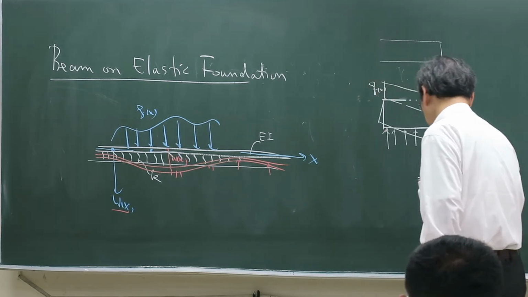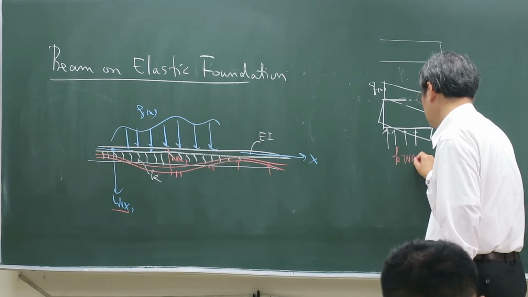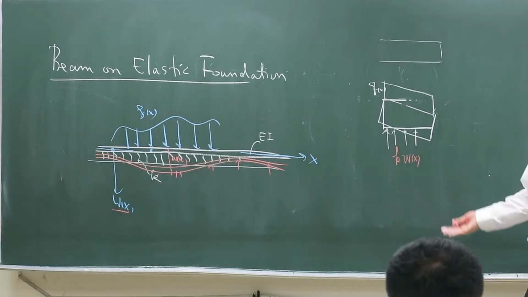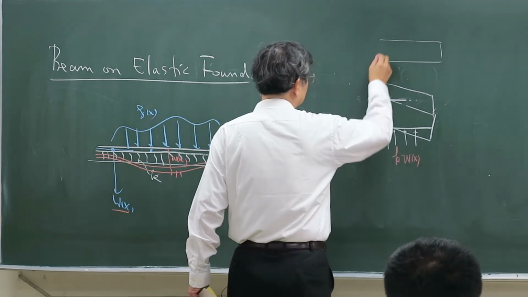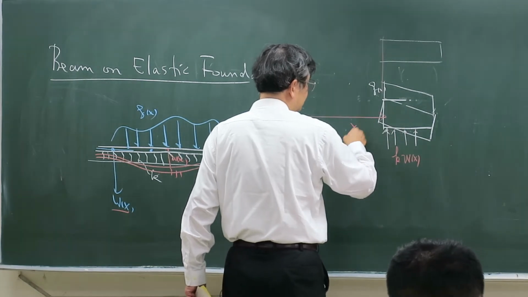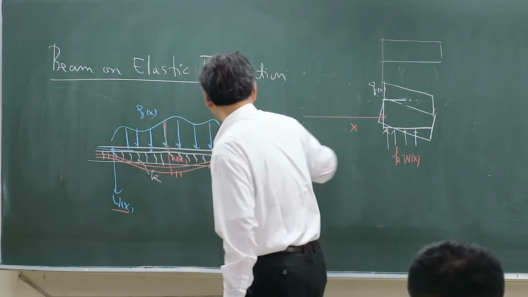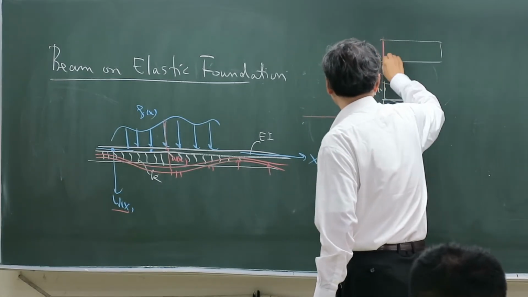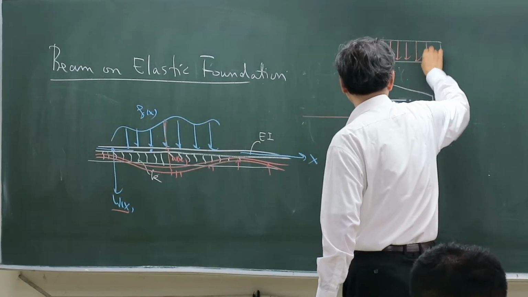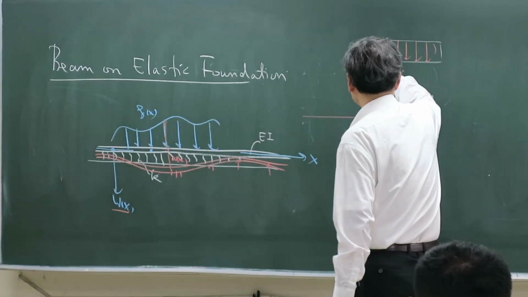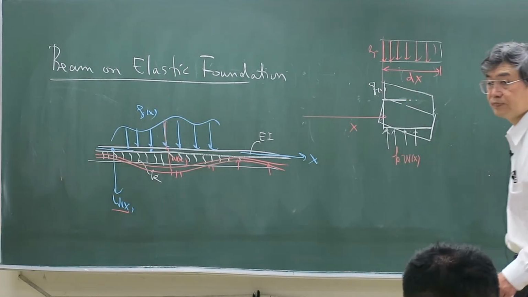And here we have a reaction equal to K times w at x, the reaction force, right? For example, if this is a cross section at x, and we have q(x), this is a q. Inside there, we have a uniform loading q(x) within the x distance.